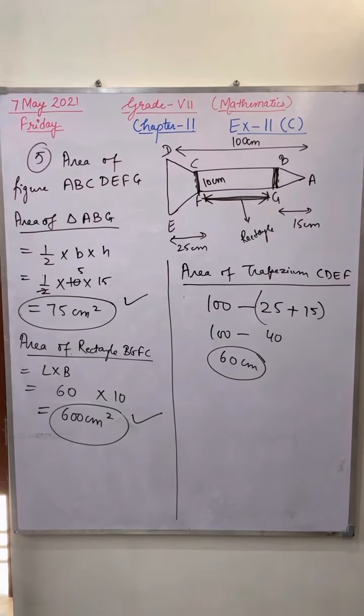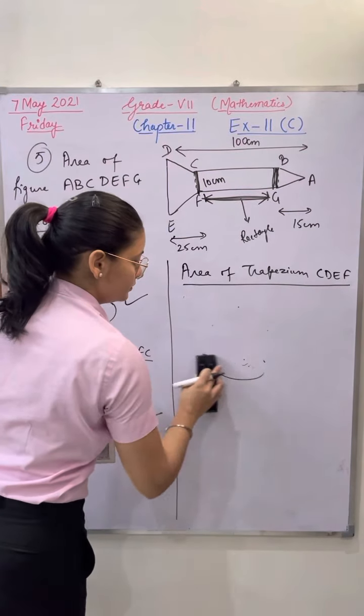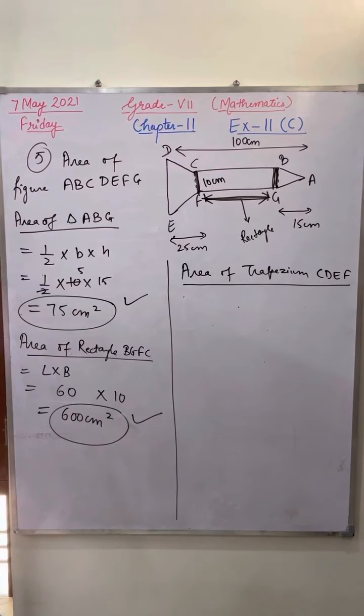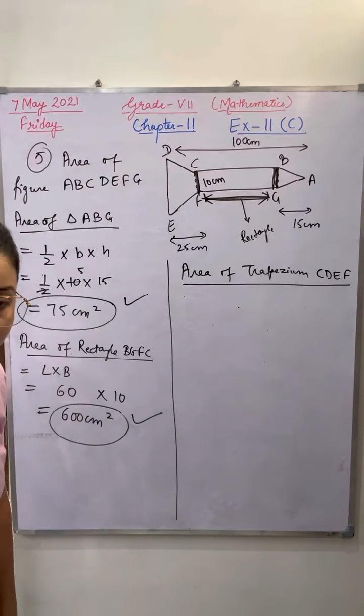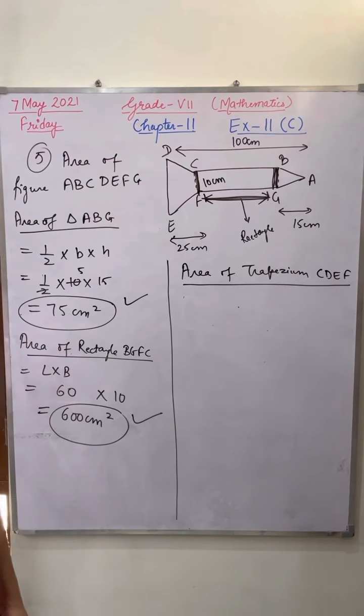Now please tell me quickly, everyone, what is the area of the trapezium? So many times we have discussed it in the class. Yes, very good. Hardik, Avika, very good. Yes, Lakshita, very good.